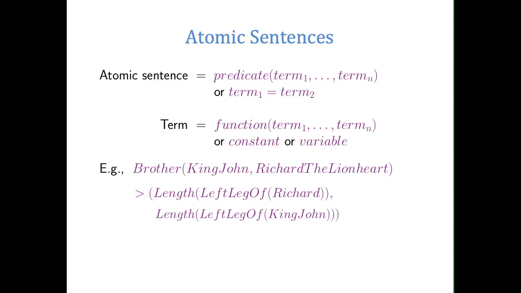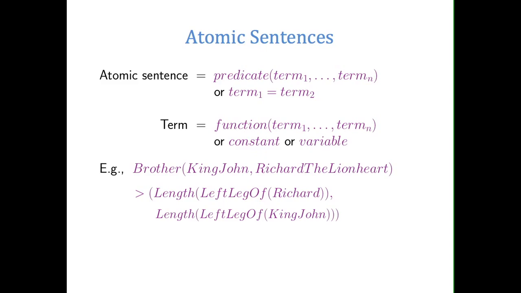Why is a function more like a thing than a relation? Well, because a function we can think of as pulling out a part or a characteristic of a thing, which is a thing in itself. So, for example, if we had a predicate brother, the two terms might be King John and Richard the Lionheart, who were in fact brothers, King John and Richard I of England.